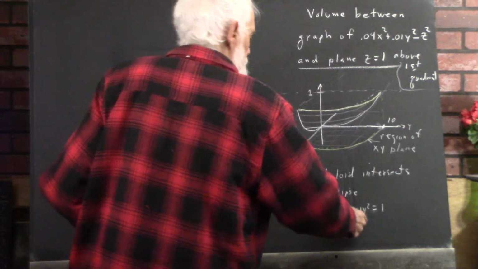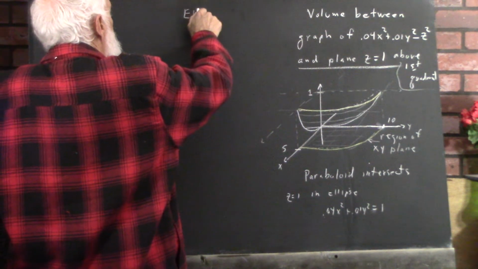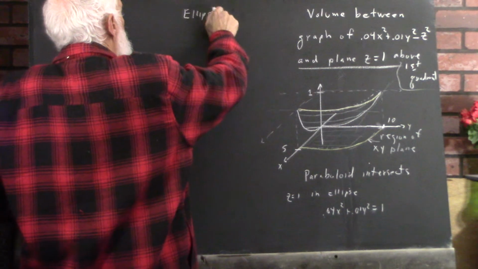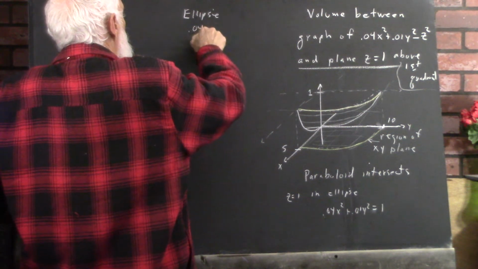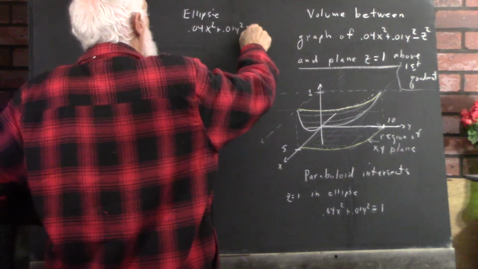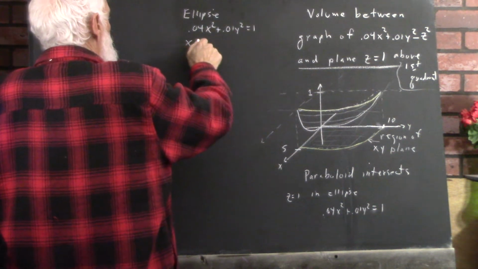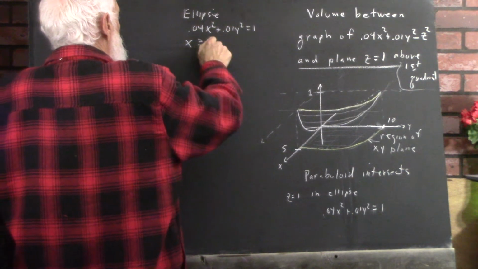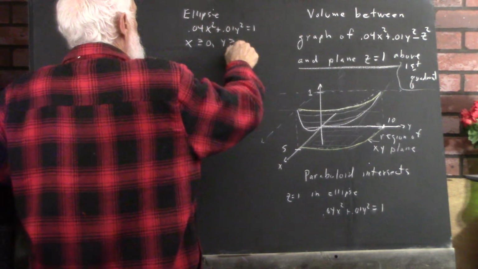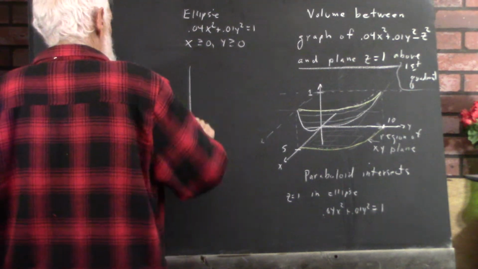Okay, well, let's look at this ellipse. Restricted to x greater than or equal to 0 and y greater than or equal to 0.